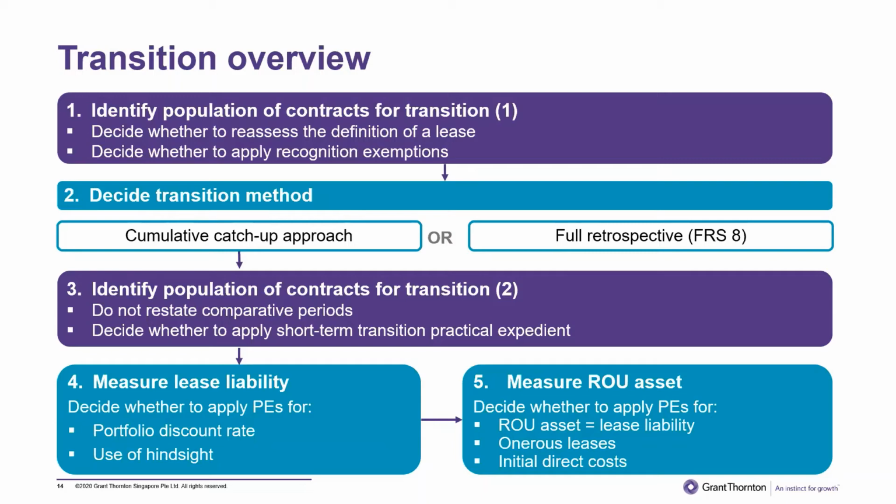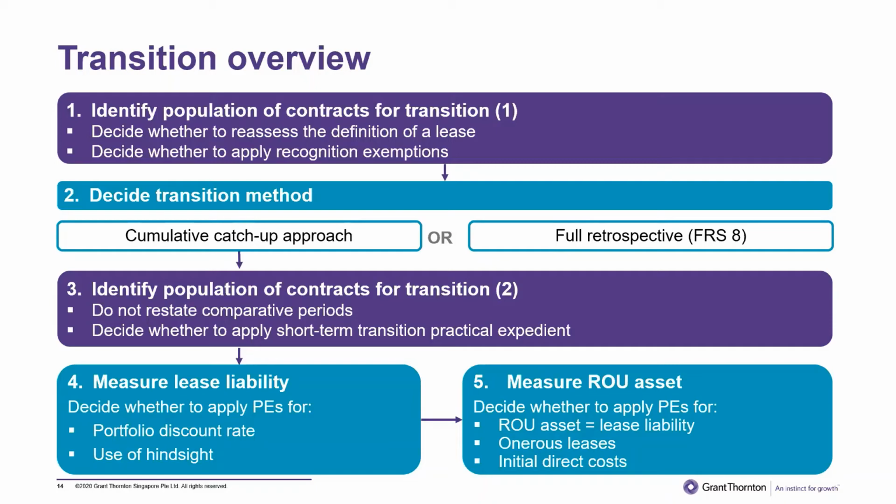Use of hindsight is another practical expedient. This is particularly relevant for renewal options. So on 1st January 19, you have a lease which is due to expire in say August, and you have a renewal option in this. Now sitting in June 2020, when you're doing your accounts, you know that you have already taken that renewal option and the lease is renewed. The standard allows you to take the benefit of this hindsight and take a longer lease term if you want to, so that you can reduce the burden of calculation on your finance team.